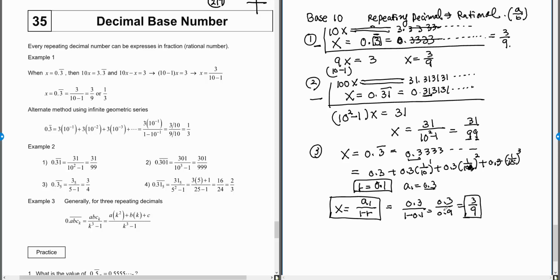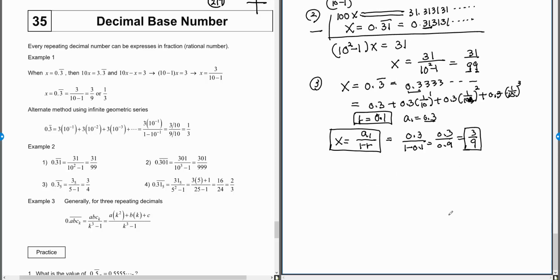Okay, so we have two different ways, but there are some rules. When you have repeating decimals, the value of x is 3 or 1 in base number 10. This one, how much? When you move 3 digits to the front, we multiply by 10 to the third power.